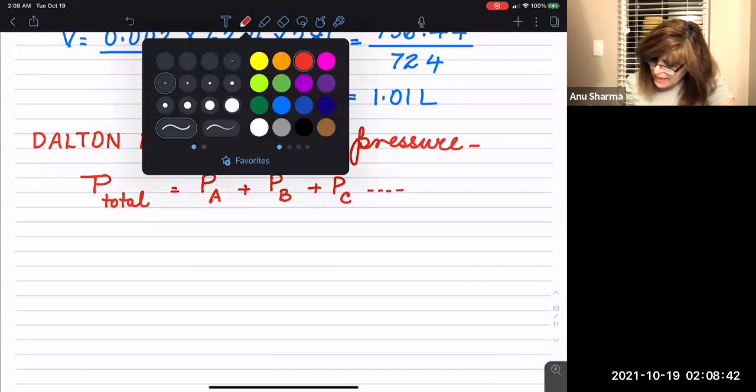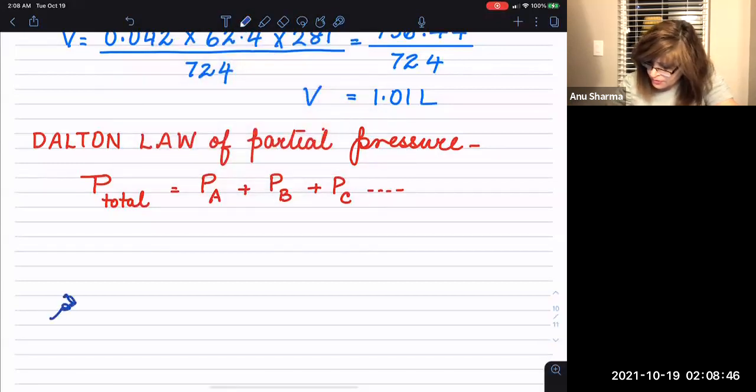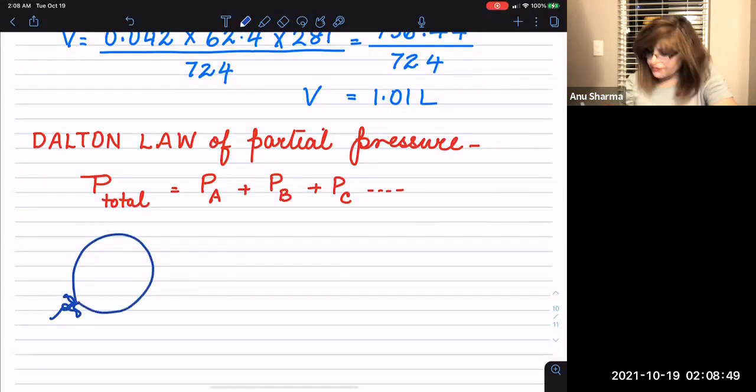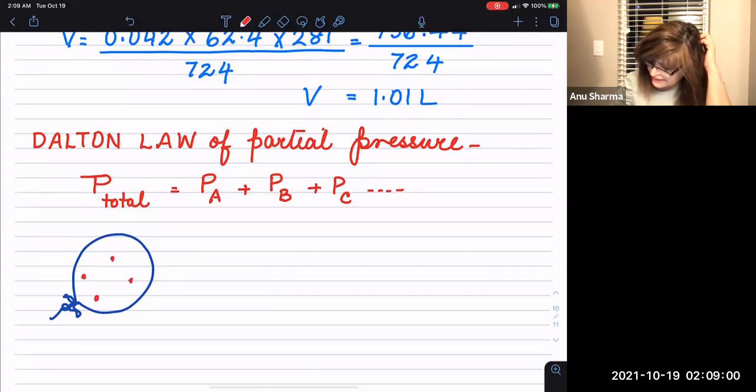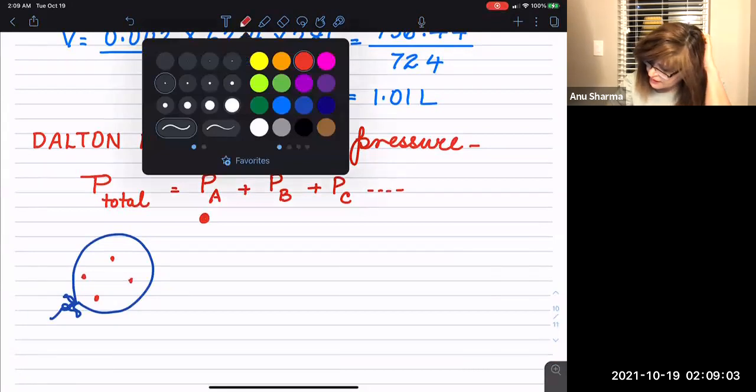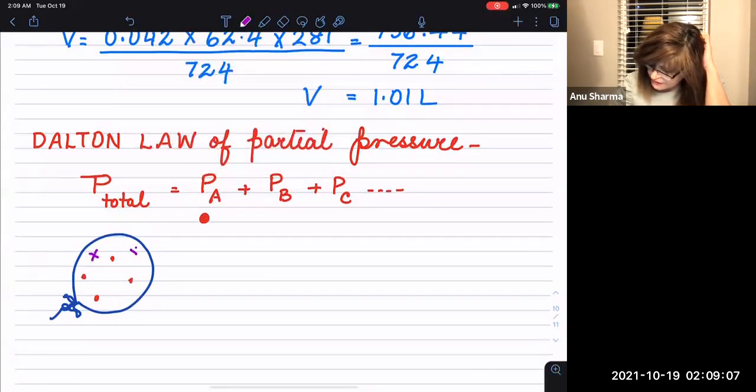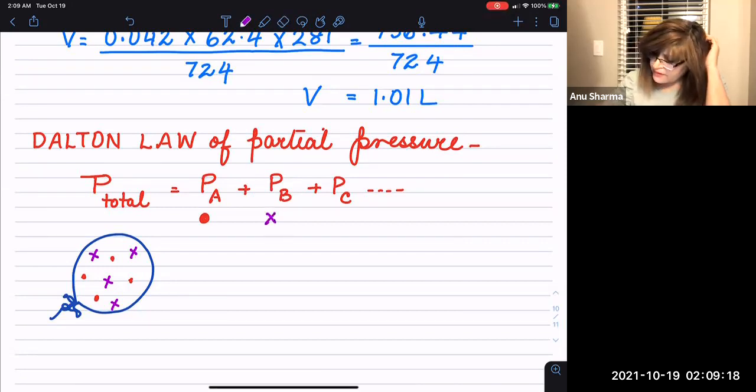In other words, if you take a balloon and fill it with different types of gases, let's say this is gas A, another gas is this gas B, and let us say this is gas C. This gas C is hitting the walls of the container with some force.